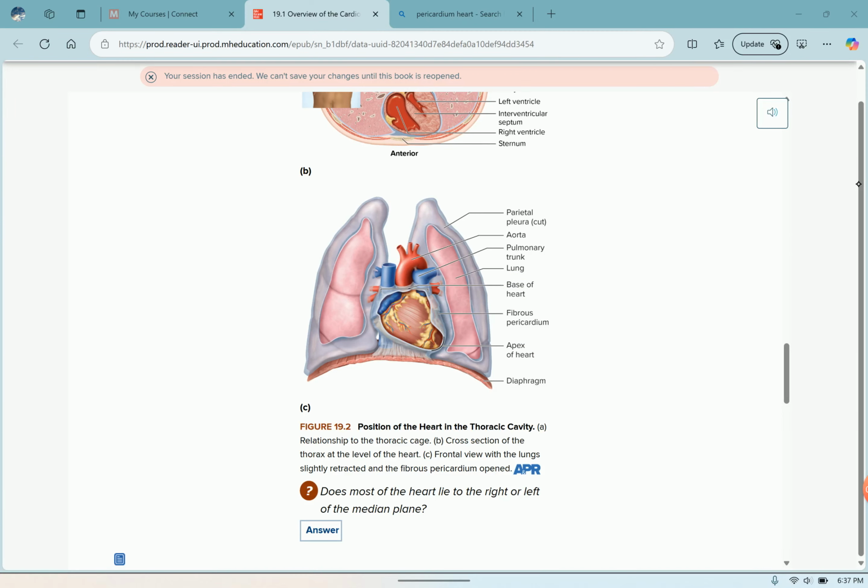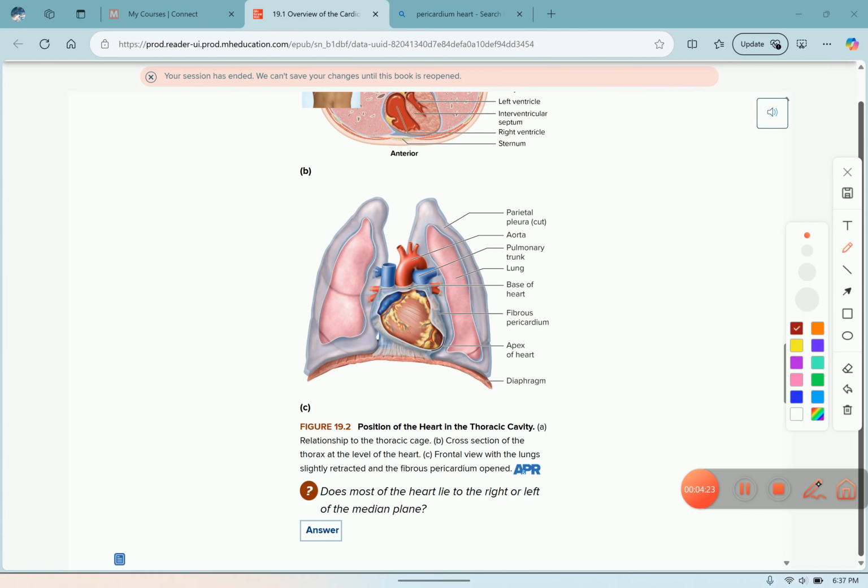Okay, so with respect to the heart, the base is on the superior or top aspect of the heart, and the apex points down and to the left. You also notice that we have a right and left lung.